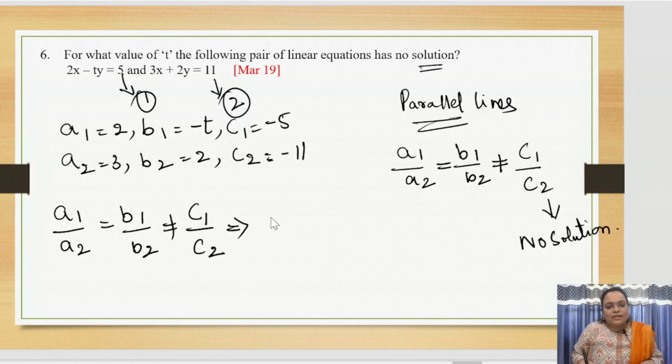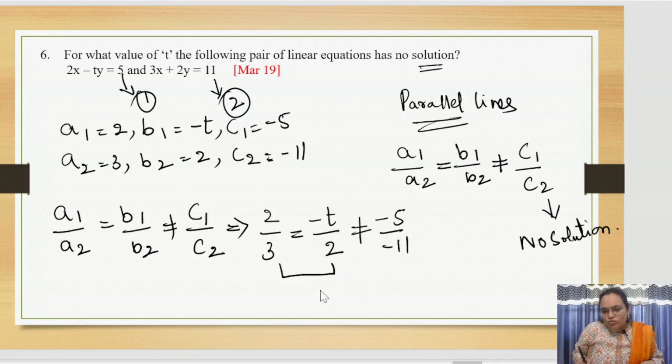Substitute the values. a1 is 2, a2 is 3, equals b1 is −t by b2 is 2, not equal to c1 is −5 and c2 is −11. Let us take these two and find the value of t.